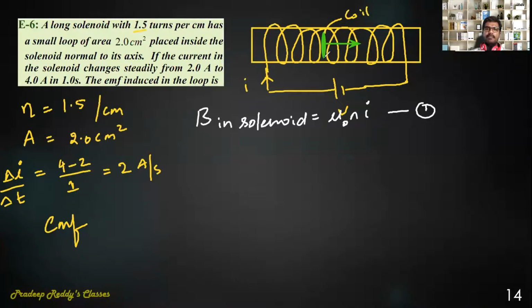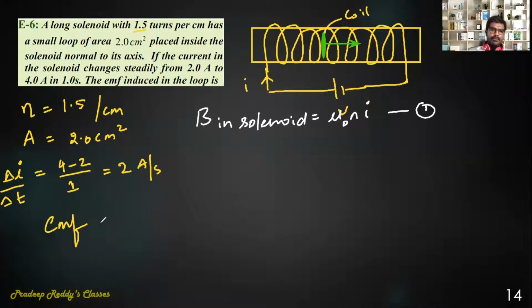Now in this coil, its area of cross section is mentioned. Because there is a change in the magnetic field produced by the solenoid, there will be EMF induced in that green color coil which is placed inside the solenoid.